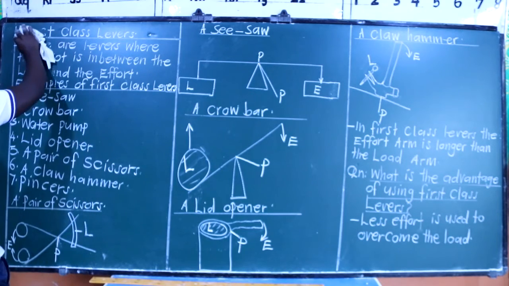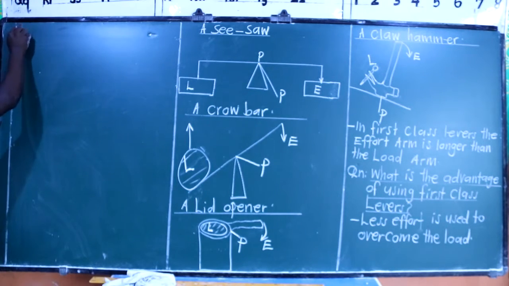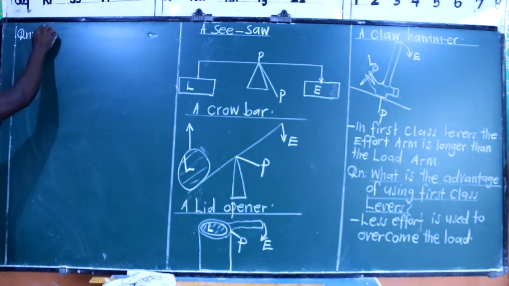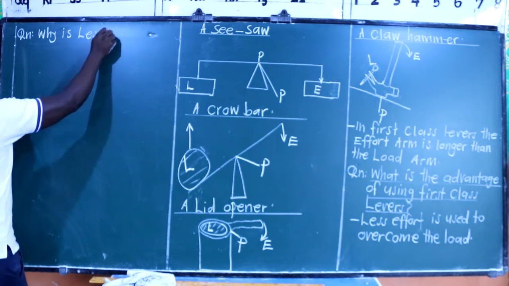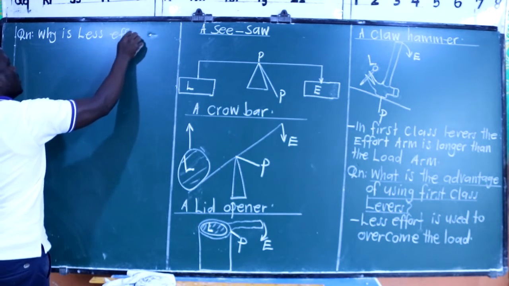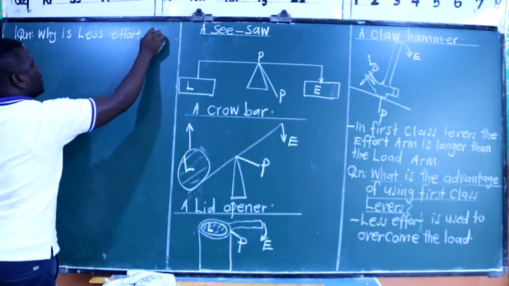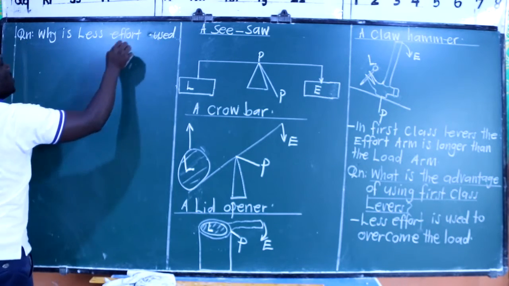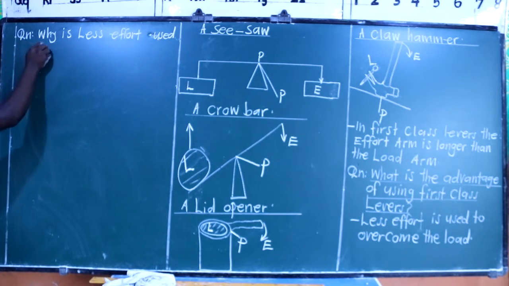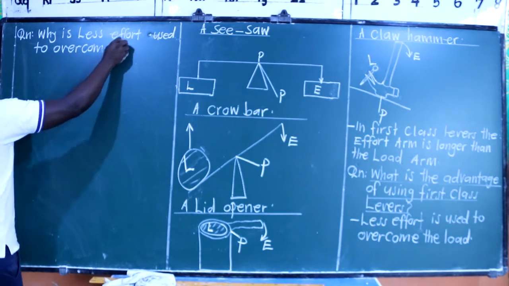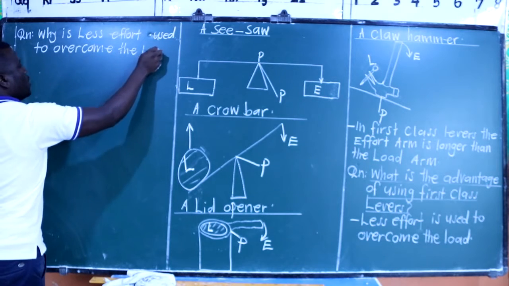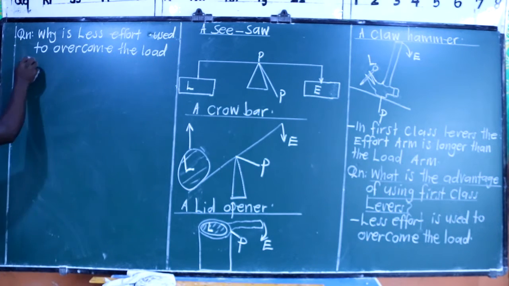That's the question. Another question: why is less effort used to overcome the load in first-class levers?